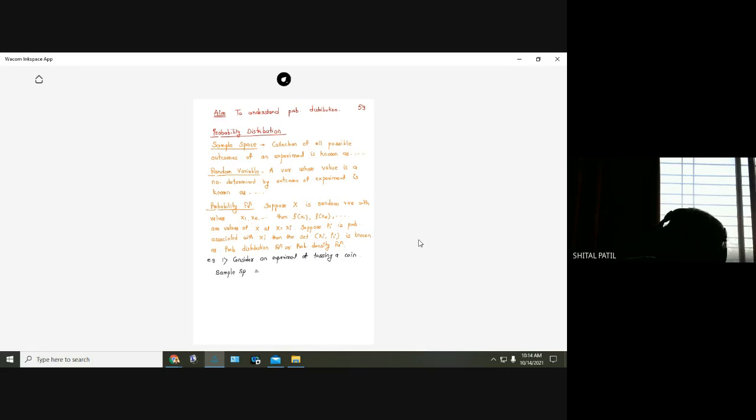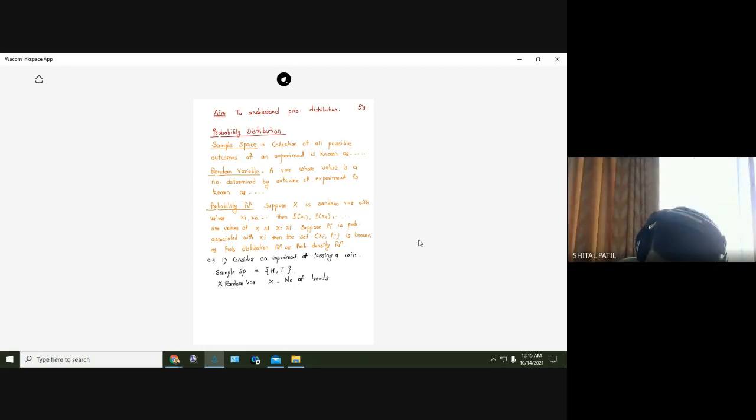What are the possible outcomes? Head and tail. Now let me define the random variable. You can write it this way: X is the number of heads. This is the experiment that I am defining.